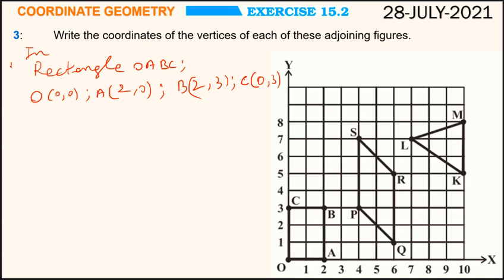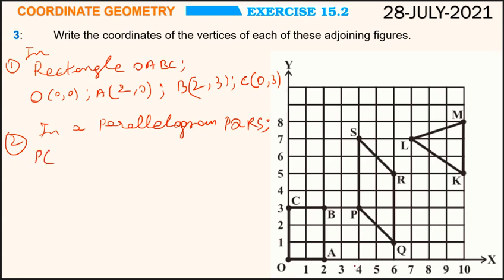Similarly, this is the first figure, now the second figure. Coming to the second figure, you can see PQRS, it is a parallelogram. In parallelogram PQRS, we have the coordinates of P: 4 x coordinate, 3 y coordinate, so 4 comma 3.